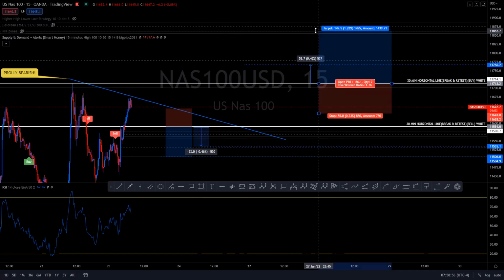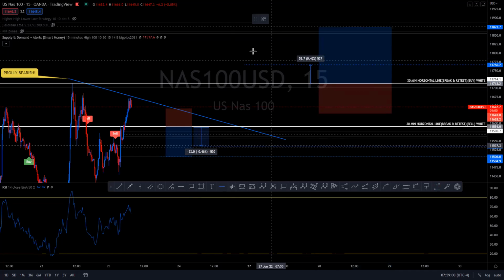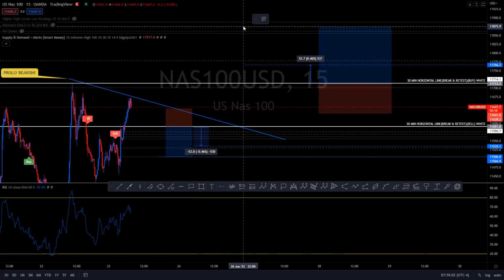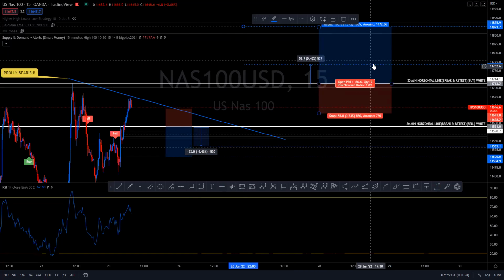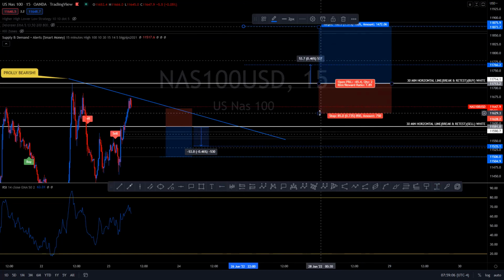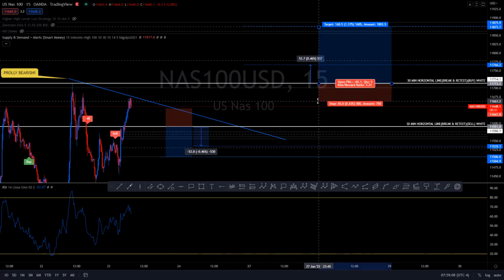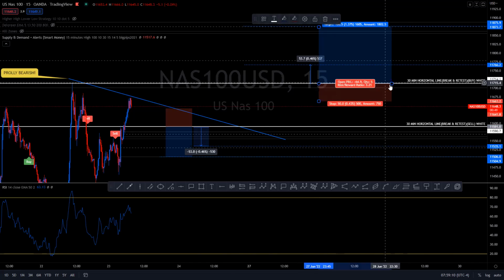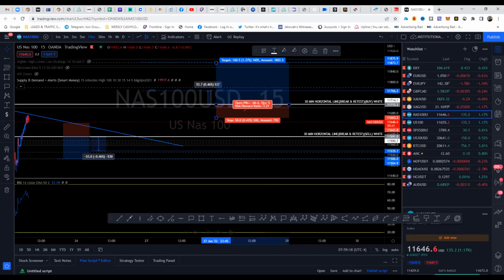And if price decides to buy up to this mitigation zone, then I'll put the second take profit here. And that's what I'm going to do if price decides to buy up. Now that I did that, what I'm going to do is go ahead and set my alerts for my take profit zones. And then we'll move on to the next step. Be right back.